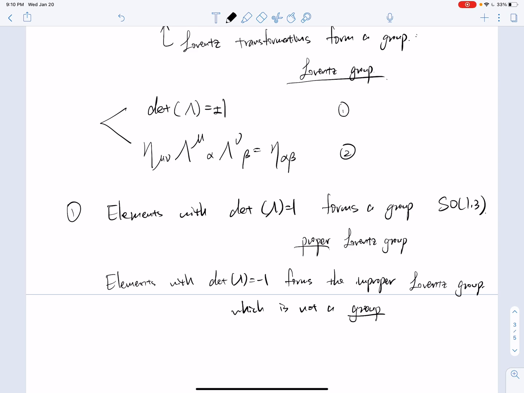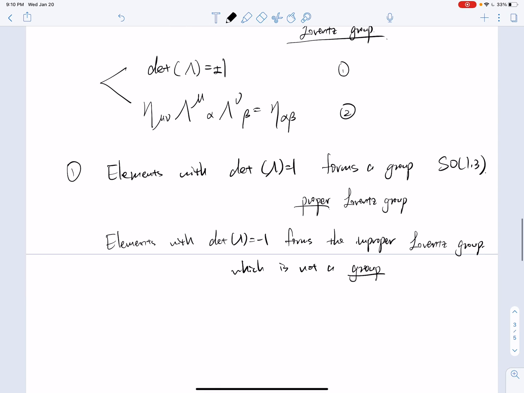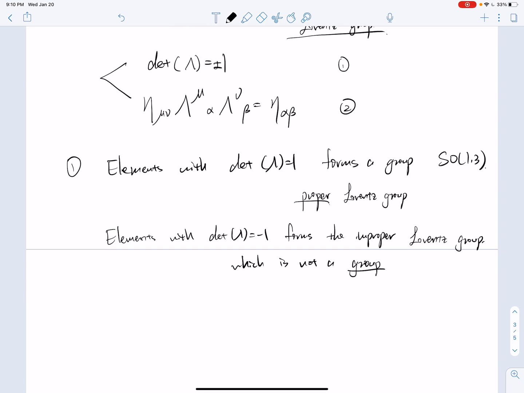We call this the improper Lorentz group, but it is not a group because it's not closed. If you have two transformations with determinant minus 1 and you combine them, it gives you a determinant of 1. So this improper group is not a group. But the proper group is.